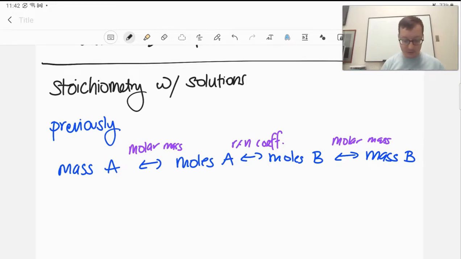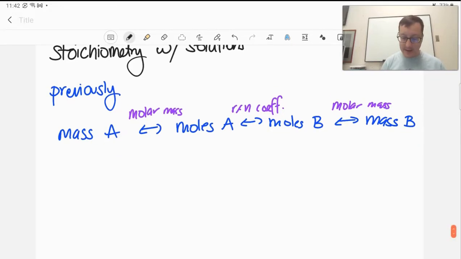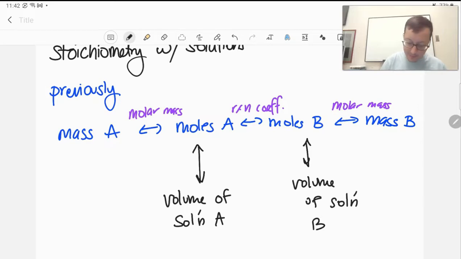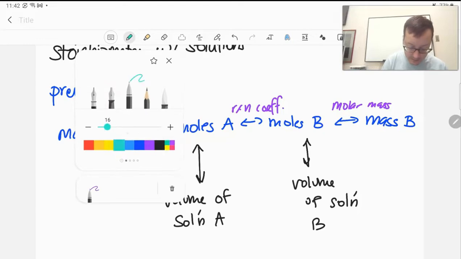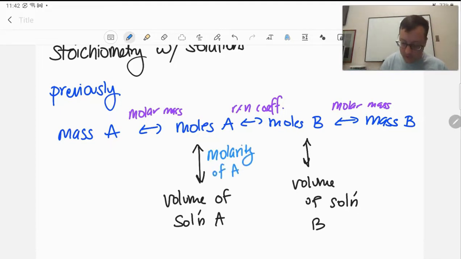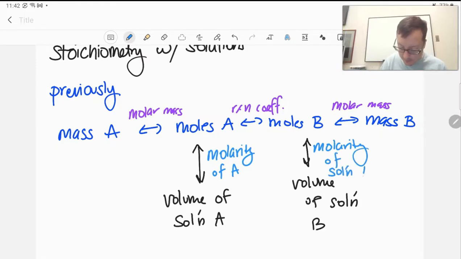So that was how we went from mass to mass. But now we're going to introduce two more prongs to this. Now with molarity, we're going to be able to go from moles of A to volume of solution A, or from moles of B to volume of solution B. And that would be using, light blue here, the molarity of solution A and the molarity of solution B. The molarity tells us a conversion factor between moles and liters of solution, right?